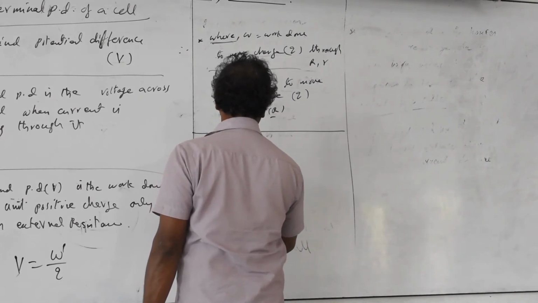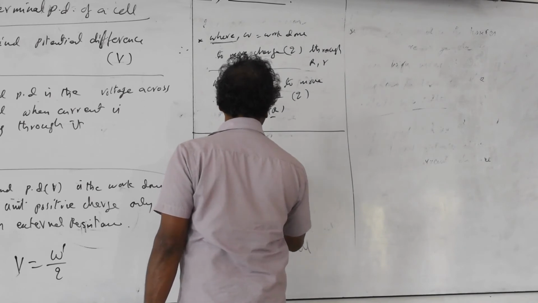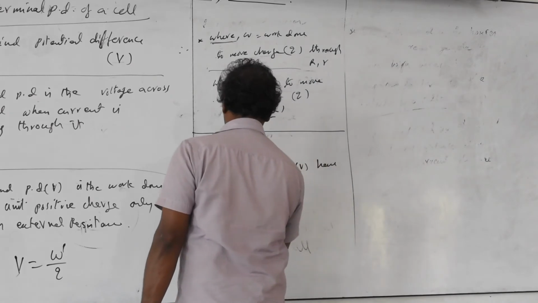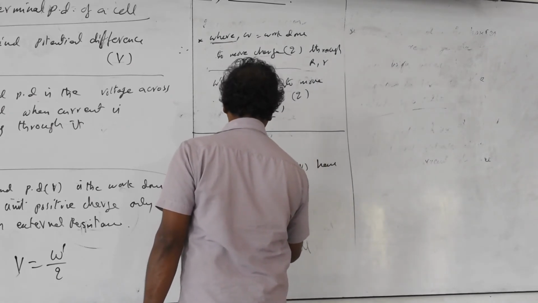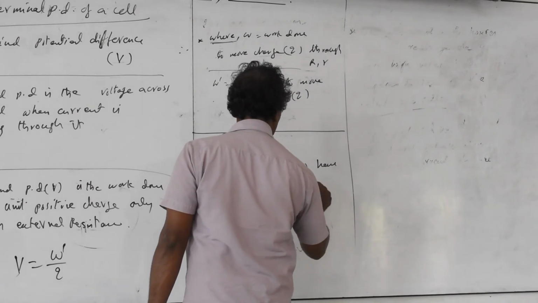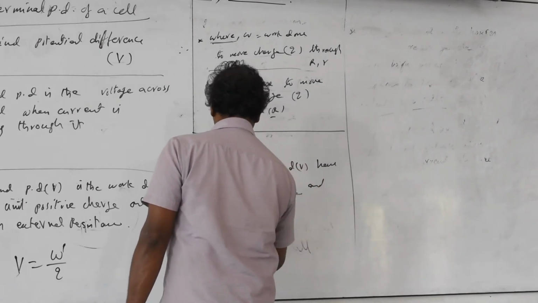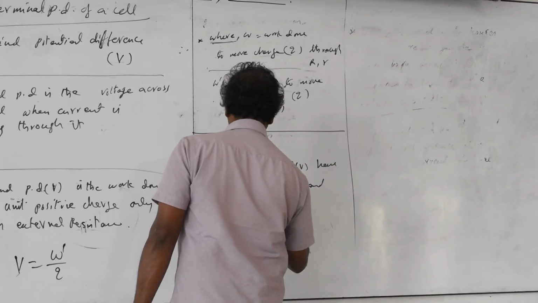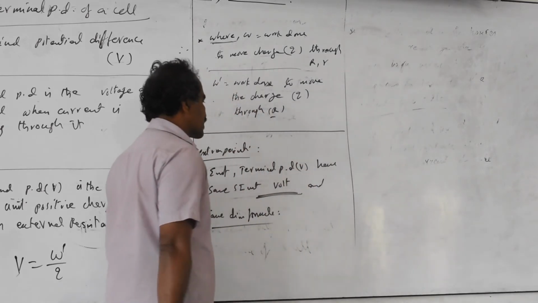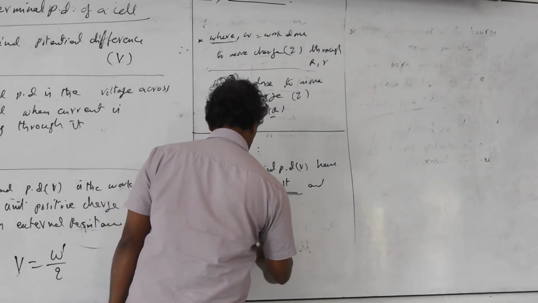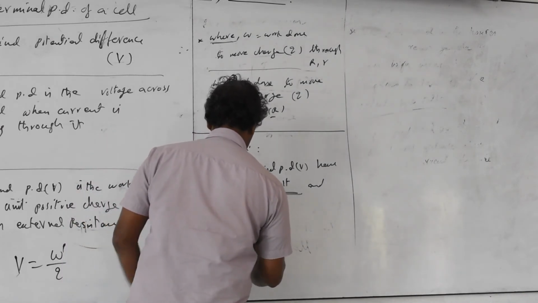EMF and terminal PD have the same SI unit, volt, and the same dimensional formula. The dimensional formula I have already discussed in the previous class.